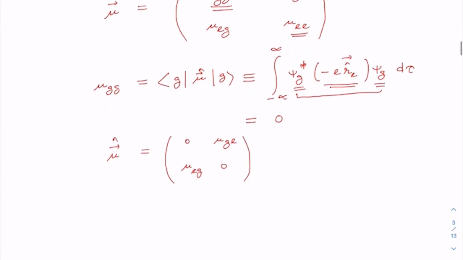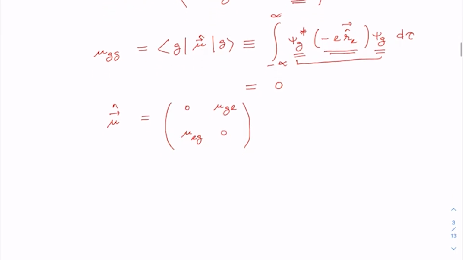Let me write the full form of the dipole moment operator as follows. We have mu is equal to |g⟩⟨g|mu|g⟩⟨g|. You already know how to write it in these Dirac notations. The full form, you know how to write it, so let me write it.